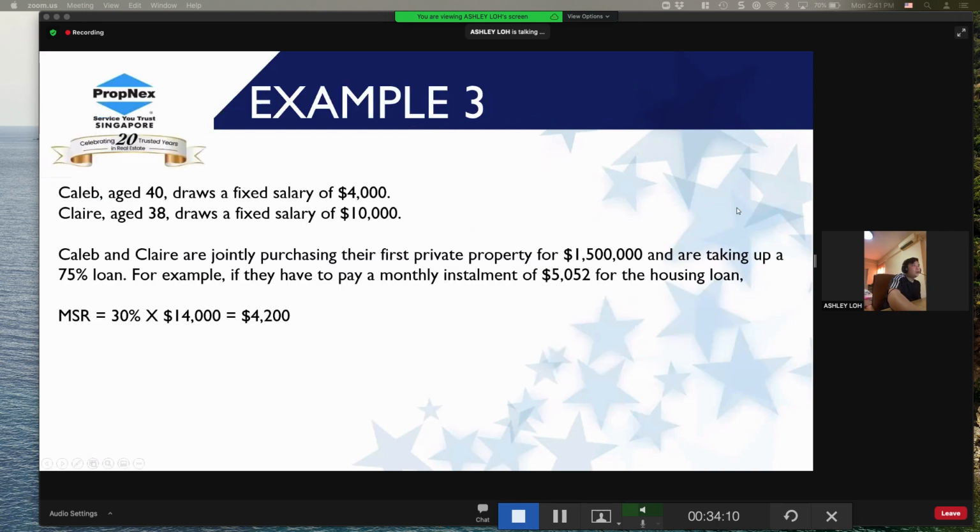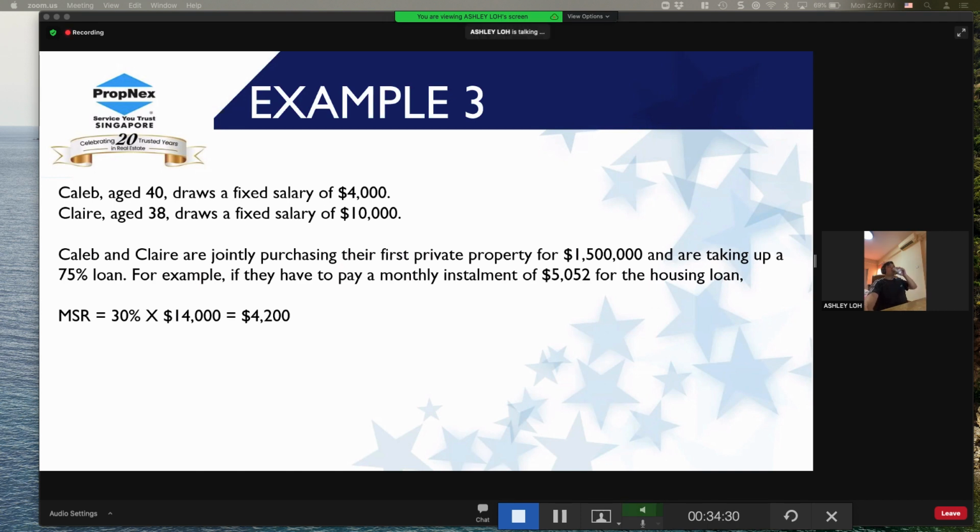Okay, moving on. This is an example of how you actually do pledging and unpledging using MSR. Okay, so Caleb, you take some time to read through here as well. Both one age 40, one age 38, drawing fixed salary of 4K and 10K respectively.